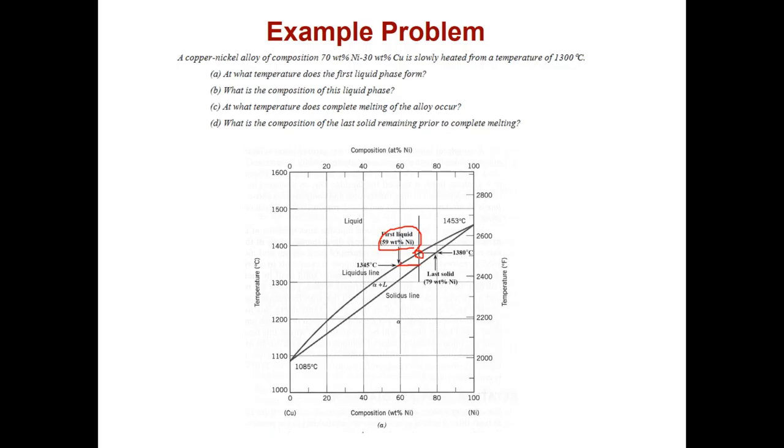The required temperature at this point is 1380 degrees. And part D is asking us what is the composition of the last remaining solid prior to complete melting.